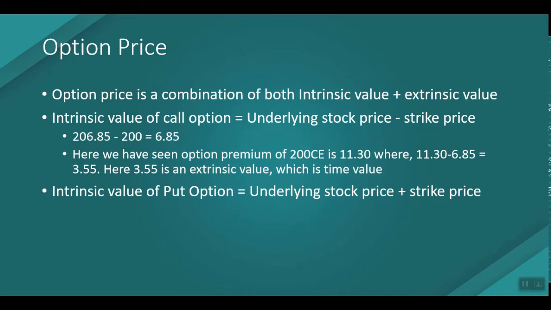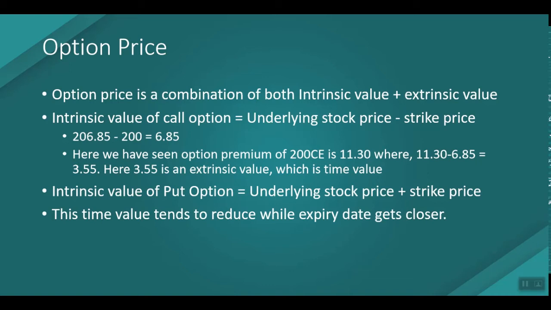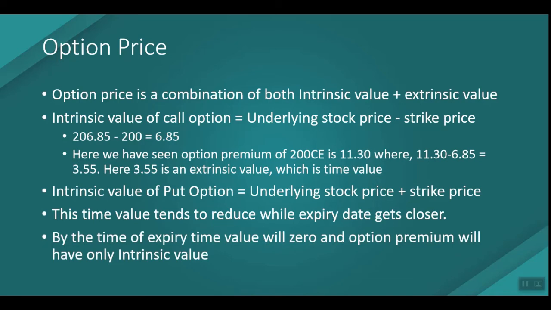Okay, the time value tends to reduce as the expiry date gets closer. So you can see 3.55 as the time value, right? That will tend to reduce, meaning it will decay while moving forward towards the expiry date. By the time of expiry, time value will be 0 and the option premium will only have intrinsic value.